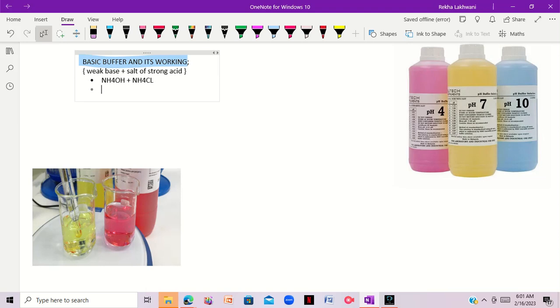Let's have the same weak base, ammonium hydroxide, and combine this with another salt of a strong acid, which can be ammonium sulfate too.